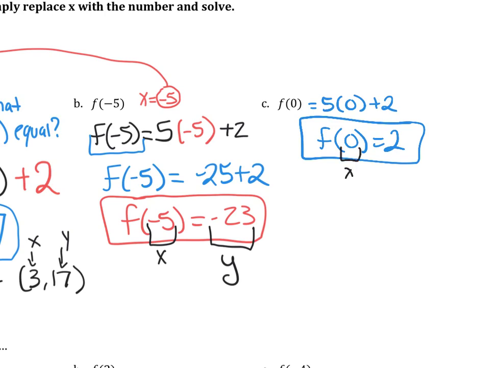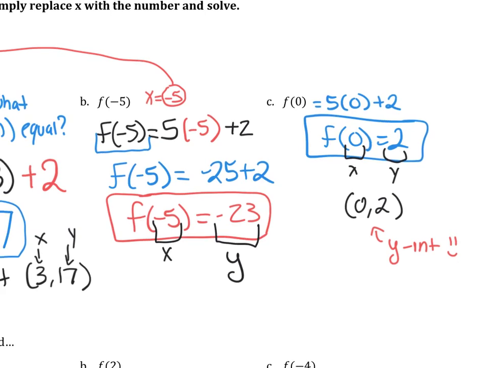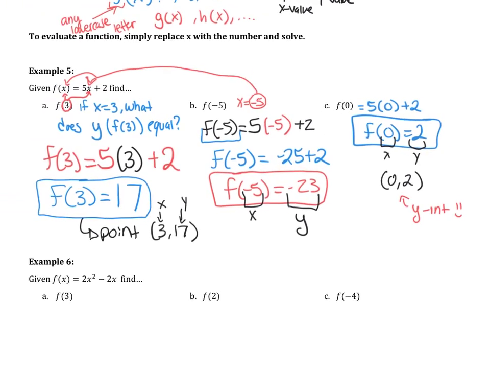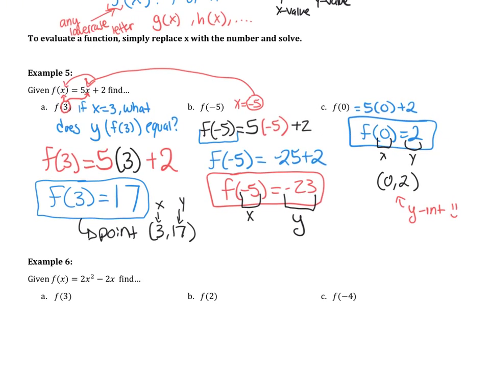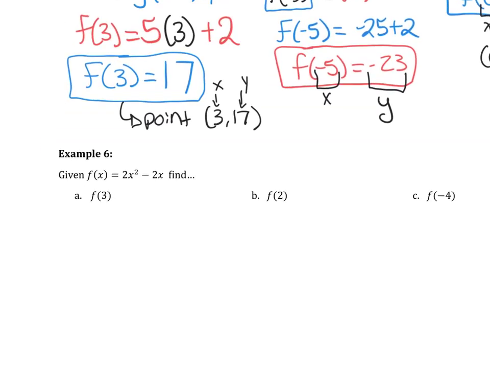Okay, so again, x value, y value is the point 0, 2. So since x equals 0, this is also the y-intercept, fun fact. All right. So just plugging it in, the notation just looks a little bit different than when we just had plain old y equals. Now we're just using function notation instead of y.